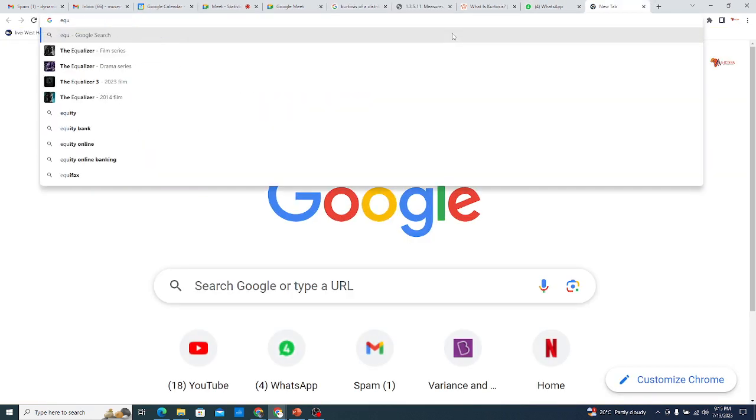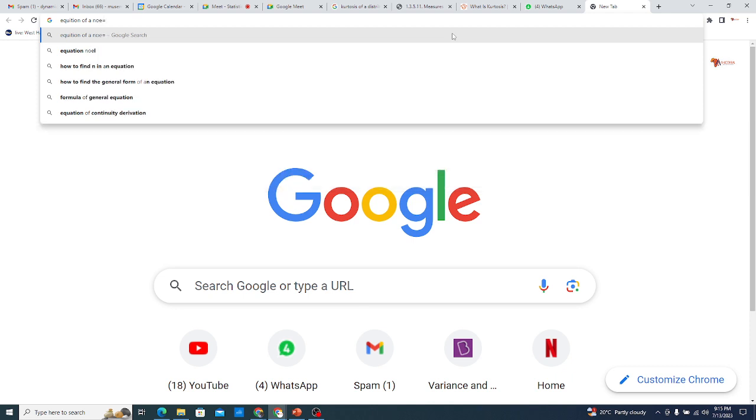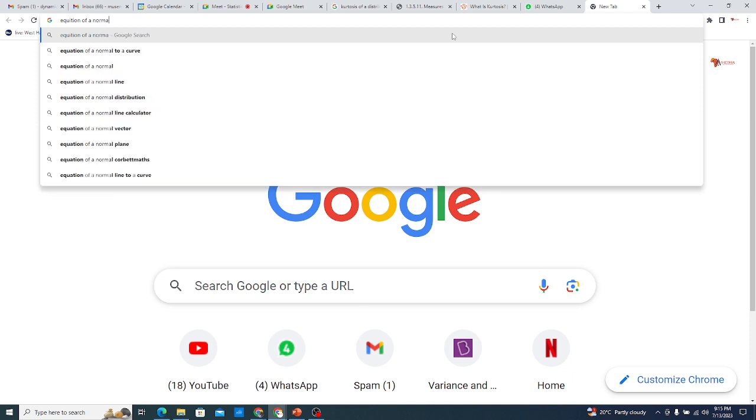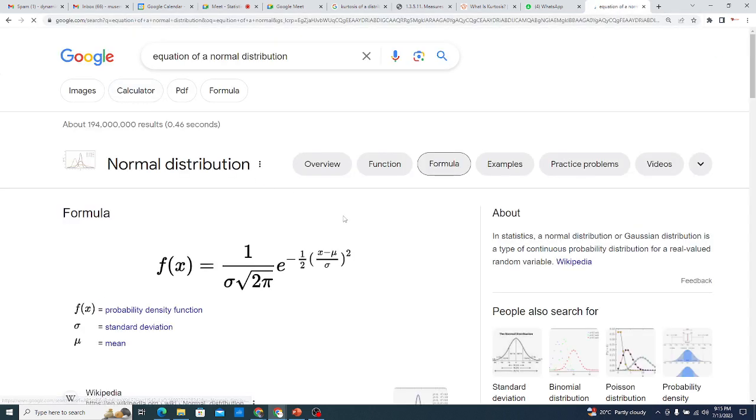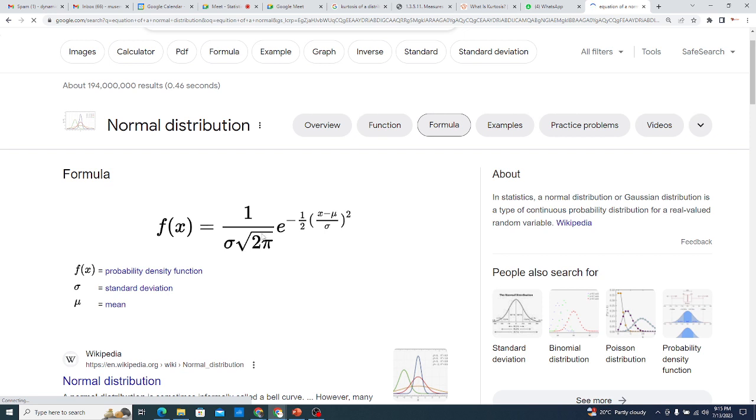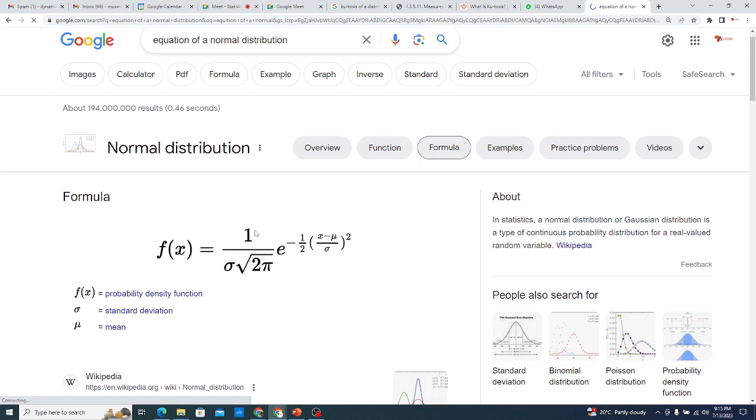Equation of normal distribution. All right, yes, I guess I missed this part.